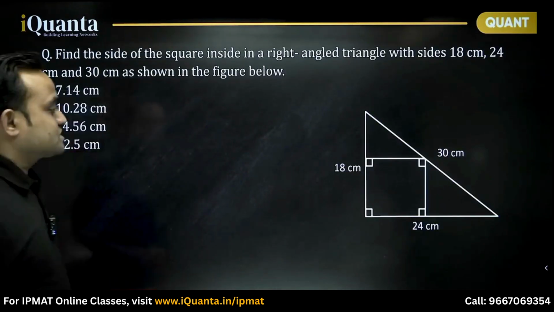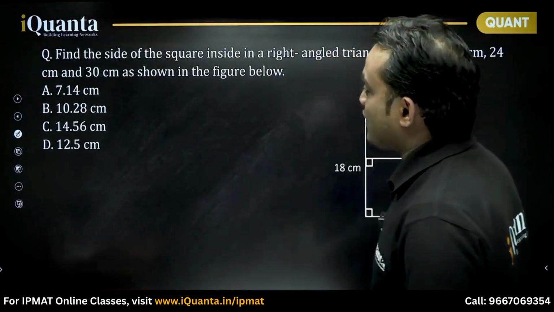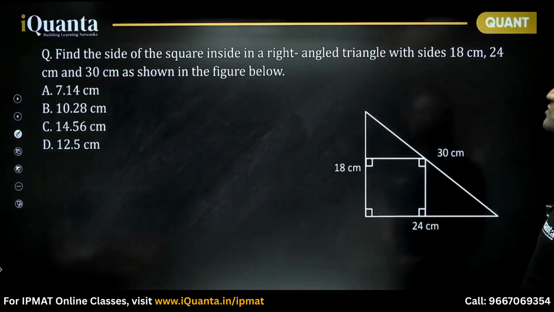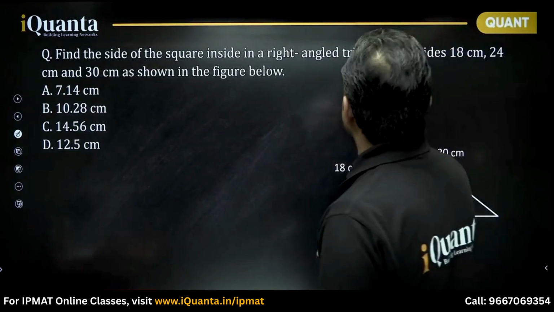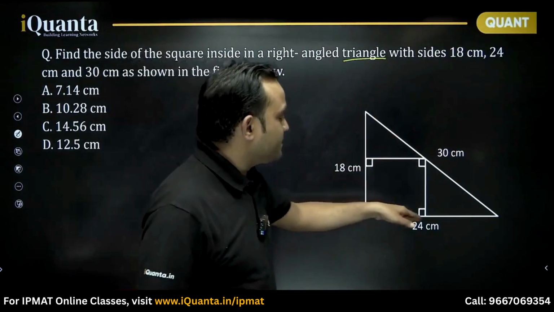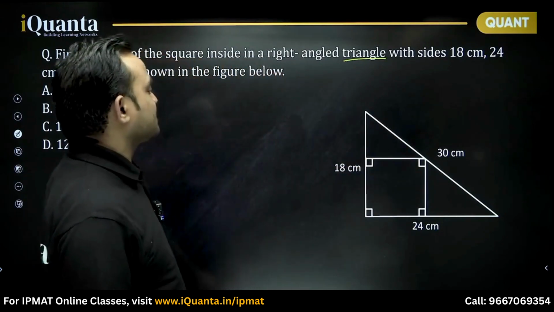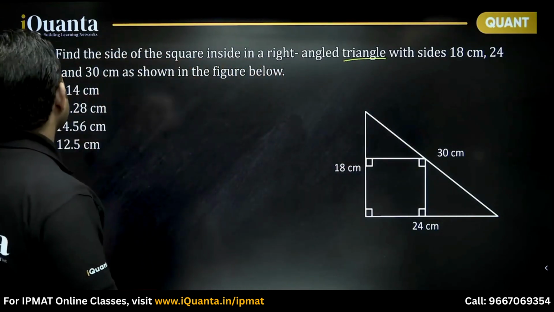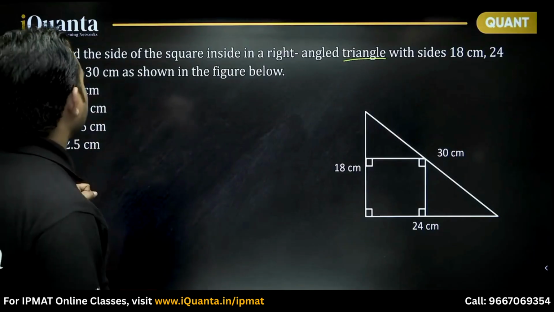Now another question based on a square. It says find the side of the square inside a right angle triangle with sides 18 centimeter, 24 centimeter and 30 centimeter is the hypotenuse as shown in the figure below.